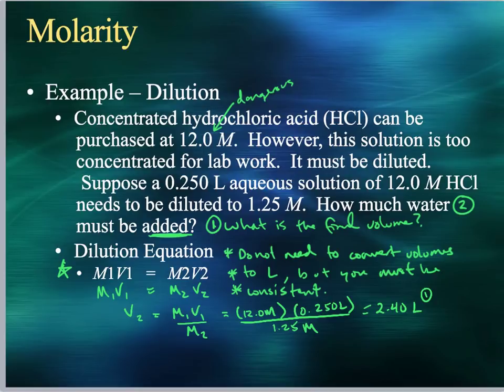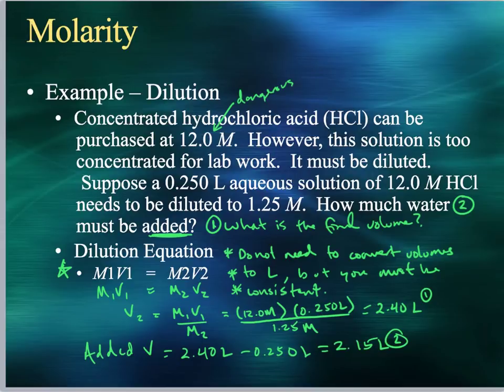Let's say here, added volume, added V. If we ended with 2.40 liters and we started with 0.250 liters, that'll tell us how much you actually had to add to dilute this thing. 2.40 minus 0.250 with the right number of significant figures is 2.15 liters. So this is answering question 2 here.